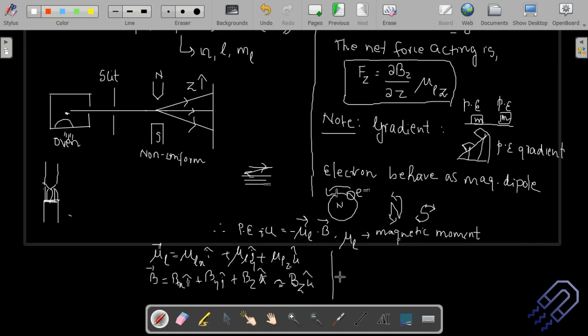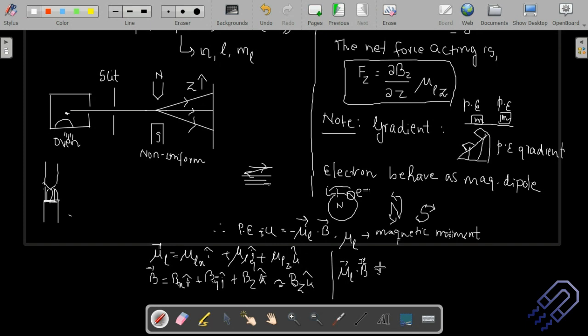Now, if I take the dot product of mu_L and B, I take this B_z k. We have just got the z component for the magnetic field. If I take k dot i, it is 0. k dot j, it is 0. But k dot k will give me a value.